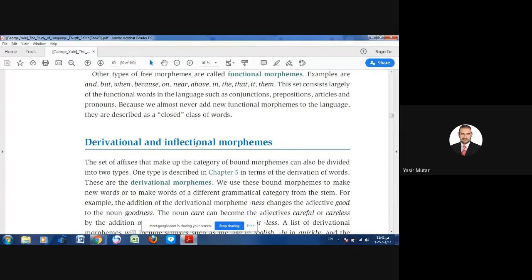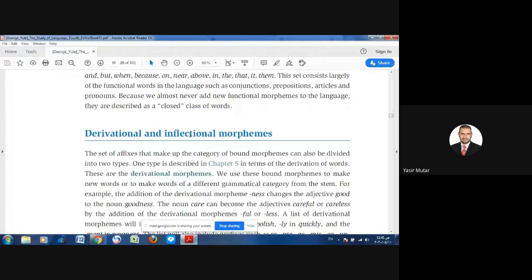While bound morphemes are bits of words. So derivational morphemes, we talked about them in the last chapter. The last section was derivation, how to create new words in the language. And within derivation, we talked about affixes.